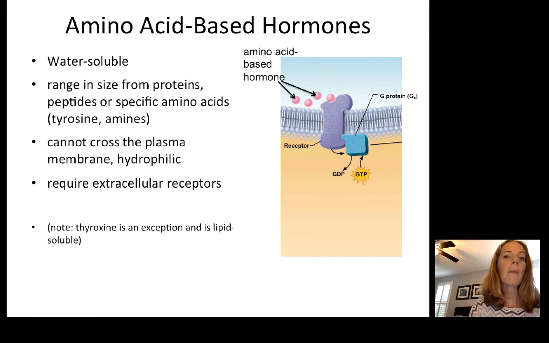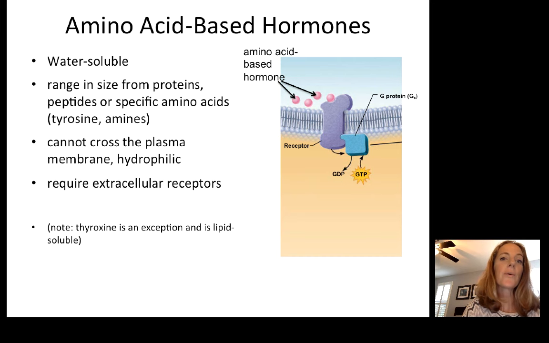So let's remind you of what types of hormones can get into the cell and what types cannot. So amino acid based or water soluble hormones, can they get into the membrane or not? Remember back to our membrane transport lecture.